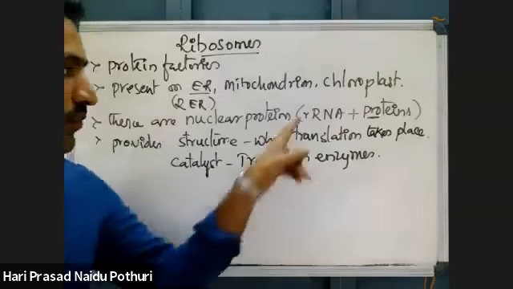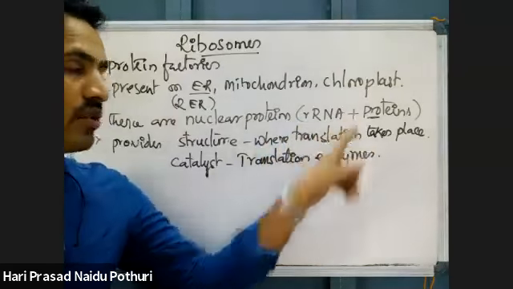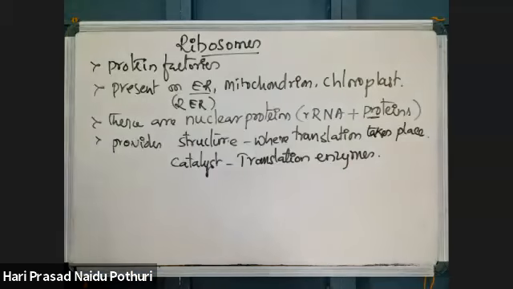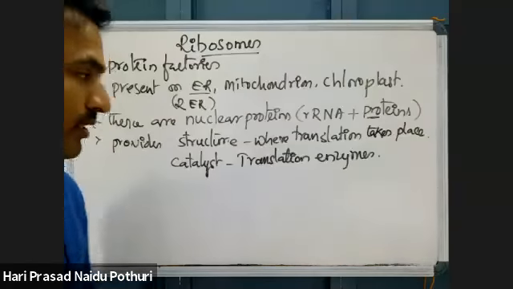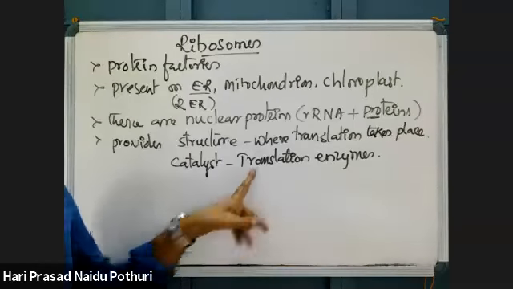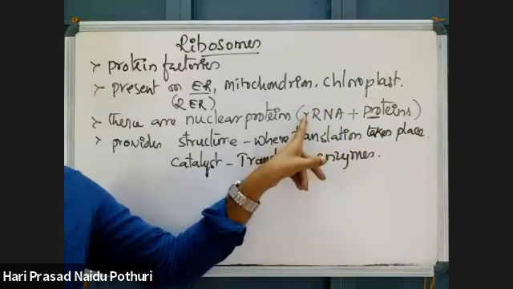See, ribosomes are made up of different RNA molecules and different protein molecules. The RNA is responsible for holding the protein synthesizing machinery. The protein synthesizing machinery or translation unit is held by rRNA.